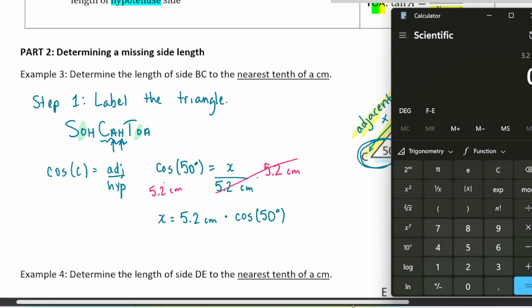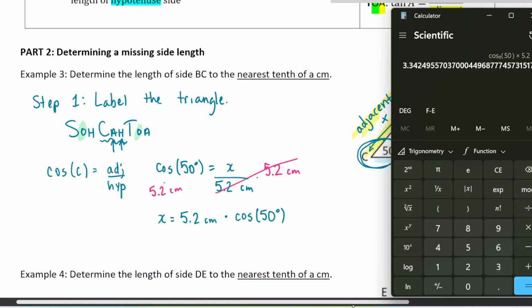Let me try that again. Cosine of 50. I'll try to do it in the opposite order. Cosine of 50 times 5.2. Maybe I have to do it in that order. Yeah, there we go. Okay, so I have to take cosine of 50 and times 5.2 in the other order. My calculator is not the best.